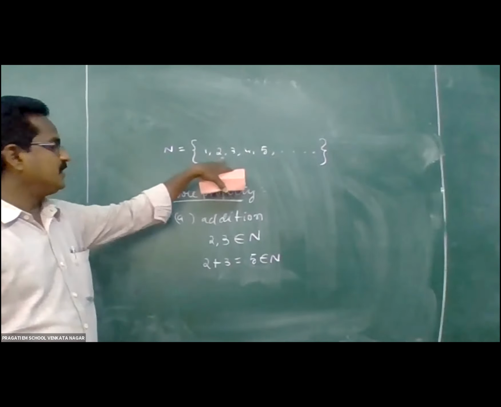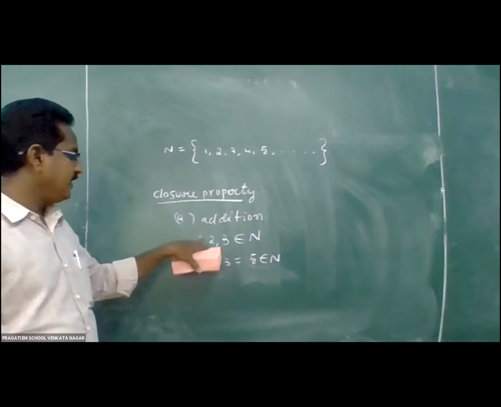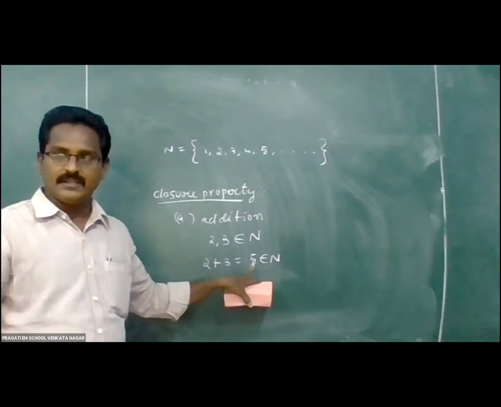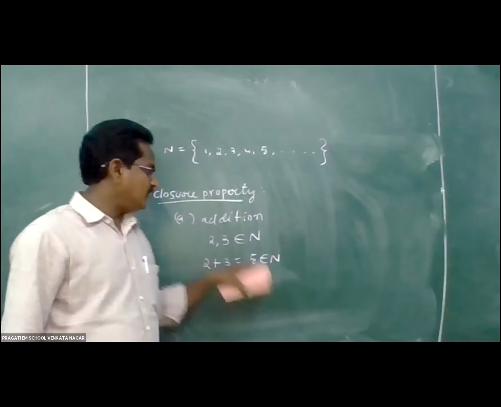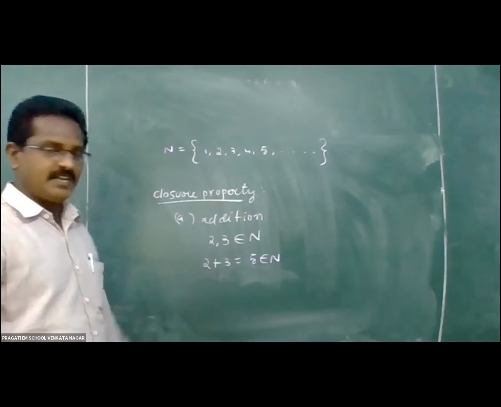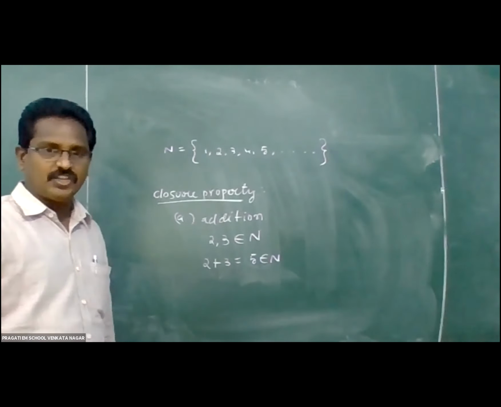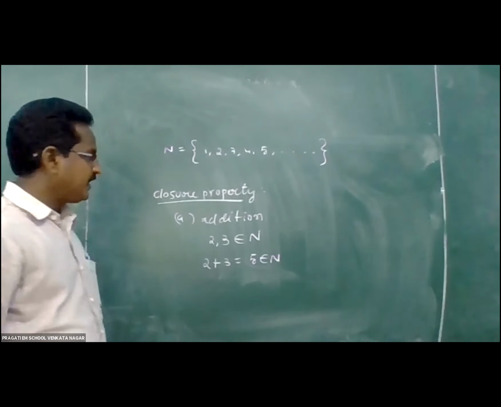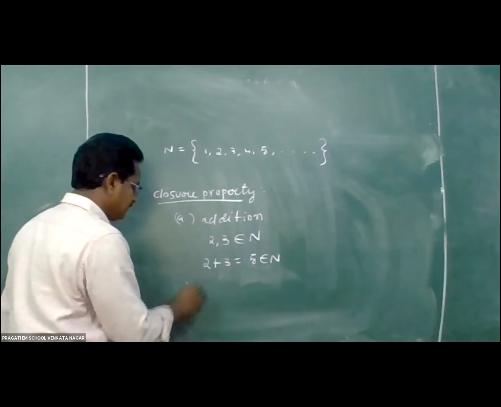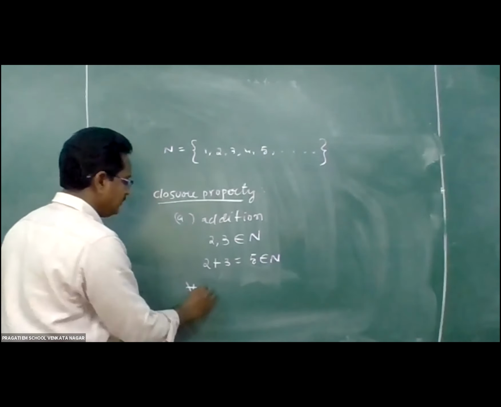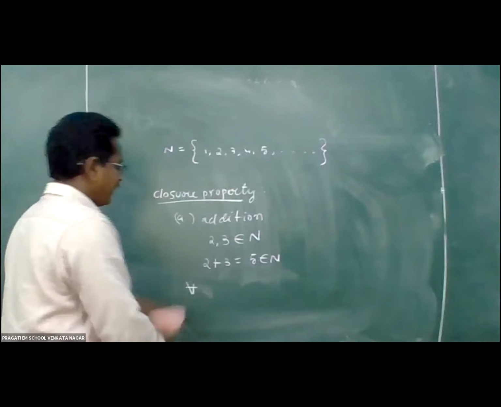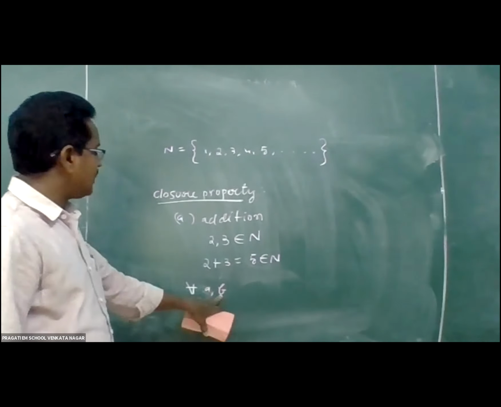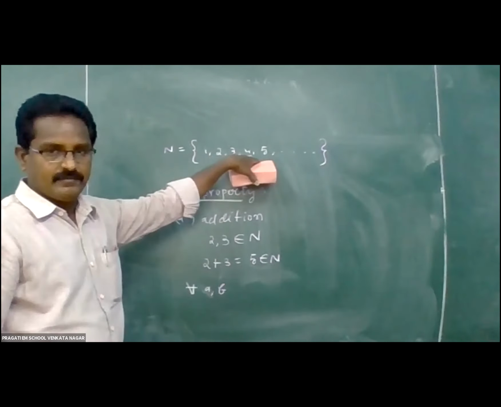Take two numbers from set N. After adding these two numbers, the result is also a natural number. That is the reason natural numbers satisfy closure property under addition. Simply it can be written as for all. For all means, instead of a, b we can take any number.